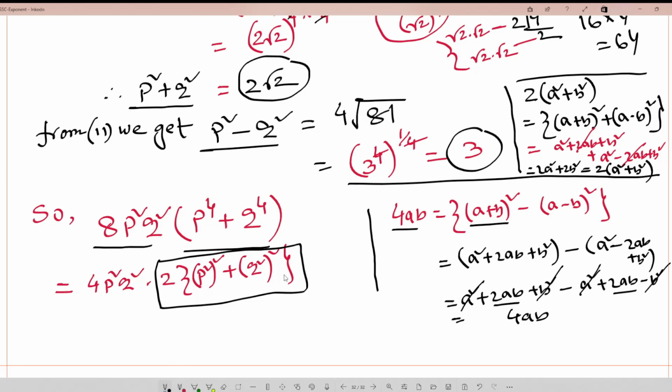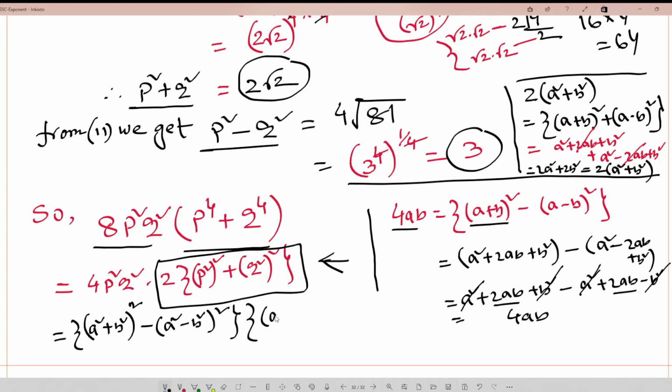So everybody knows this one. In this case, this algebraic expression we can write like, here is 4p²q². It means (a² + b²)² − (a² − b²)², right? Now look, next 2 times (p² + q²), it means 2(a² + b²).